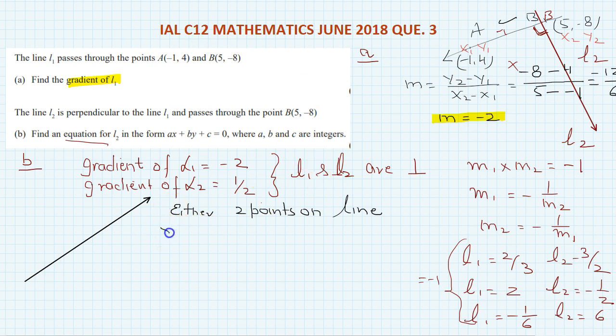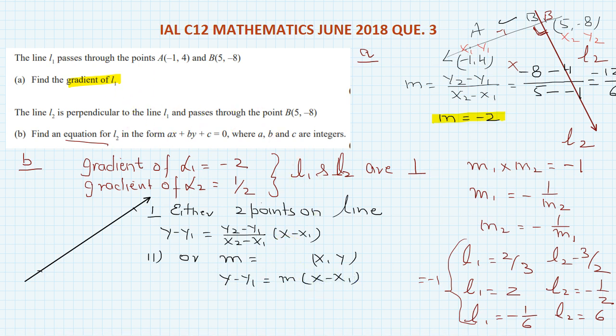So you can directly use y minus y1 is equal to y2 minus y1 over x2 minus x1, times x minus x1. This is the first case. The second case is the gradient and 1 point x1, y1. So the equation will be y minus y1 is equal to m times x minus x1. So these are the two very important formulas to find the equation of a line.